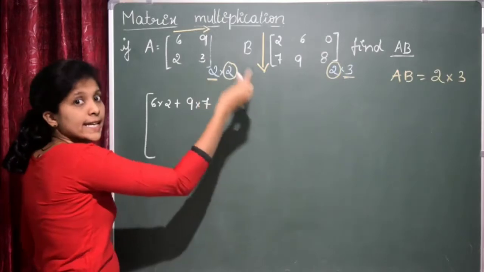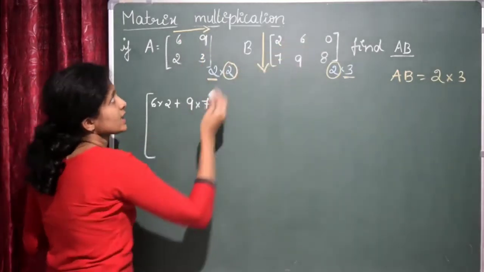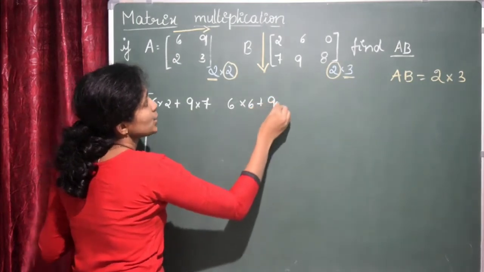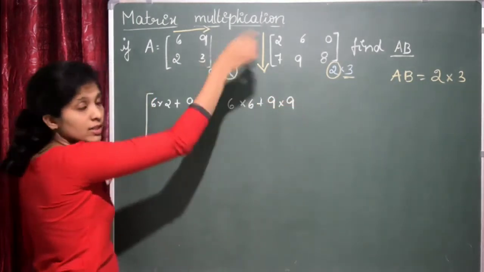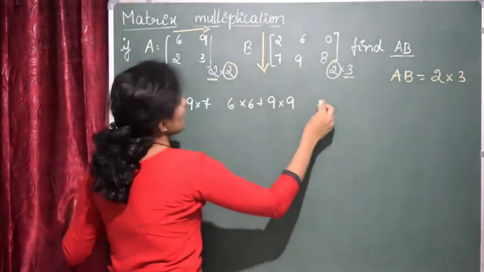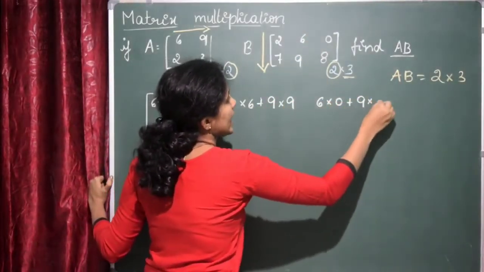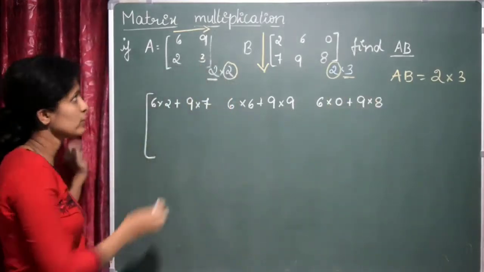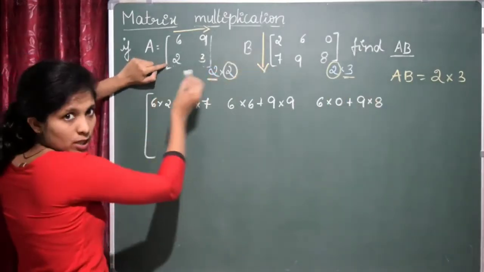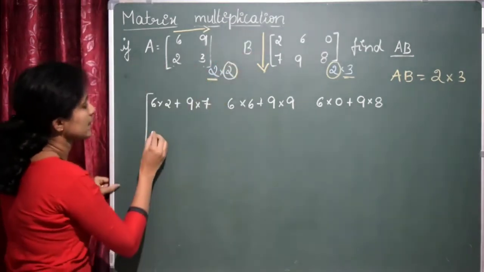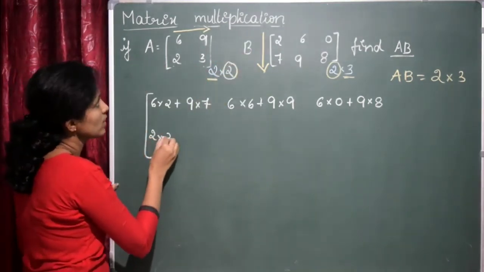First element. Second element, first row, second column. That is 6 into 6 plus 9 into 9. Right? Third element, first row, last column. That is 6 into 0 plus 9 into 8. Now the second row will be second row, first column, second row, second column, second row, third column. We'll multiply this: 2 into 2. Right?